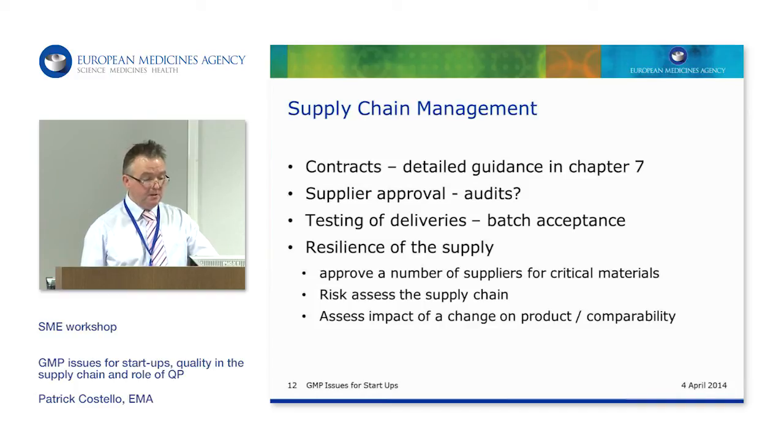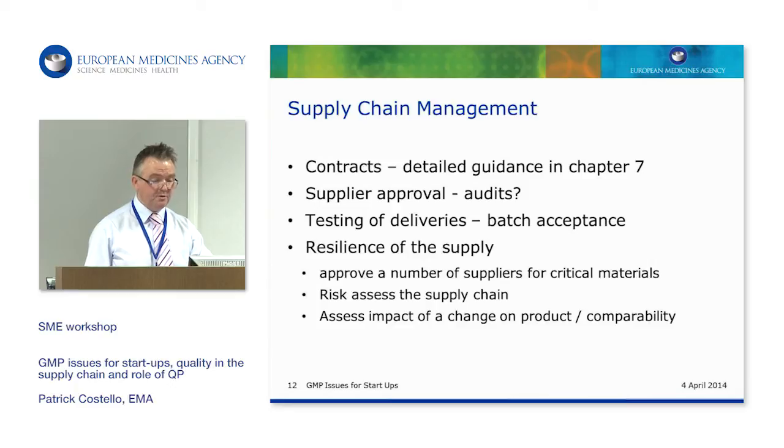If you do enter into an arrangement with a third party, there's some sort of approval process, and how do you approve that supplier to supply you with materials or reagents or starting or active substance. And the expectation is that there's some level of audit performed by the manufacturer. How you control deliveries and how you accept deliveries of new batches of materials from that supplier, and how you ensure that, I guess, that quality is maintained during your ongoing interaction with the supplier.